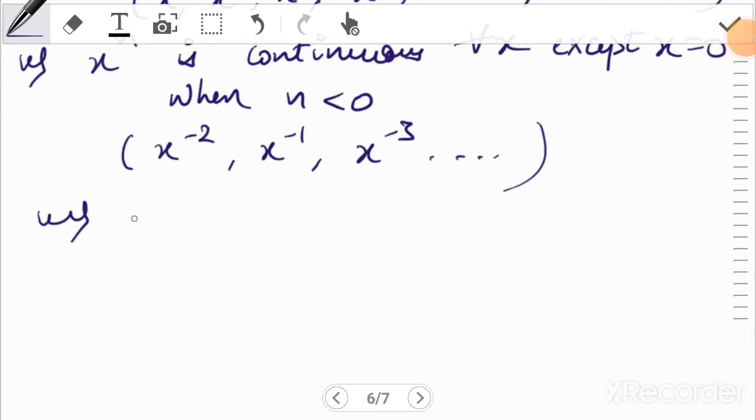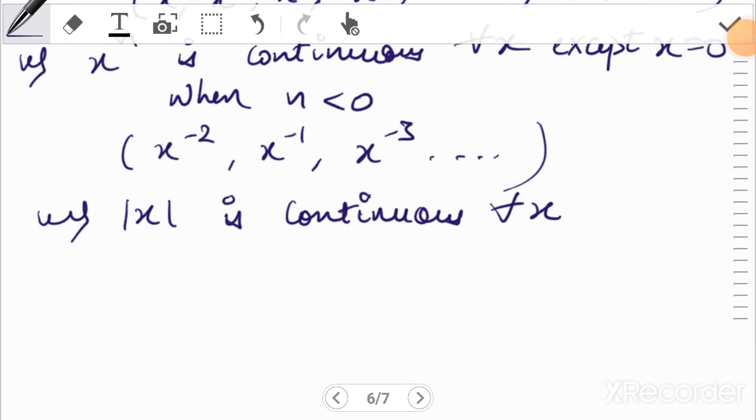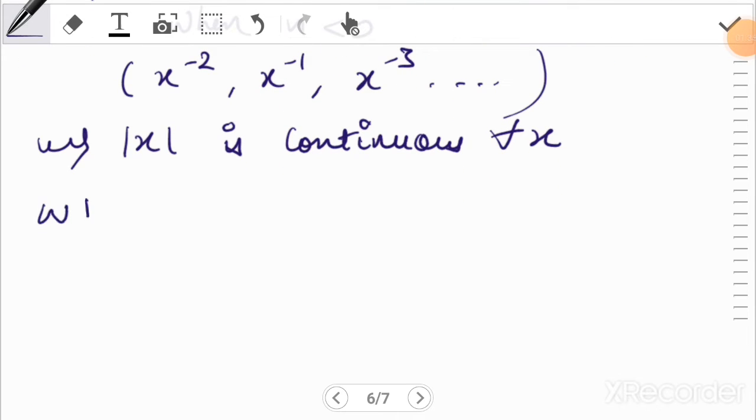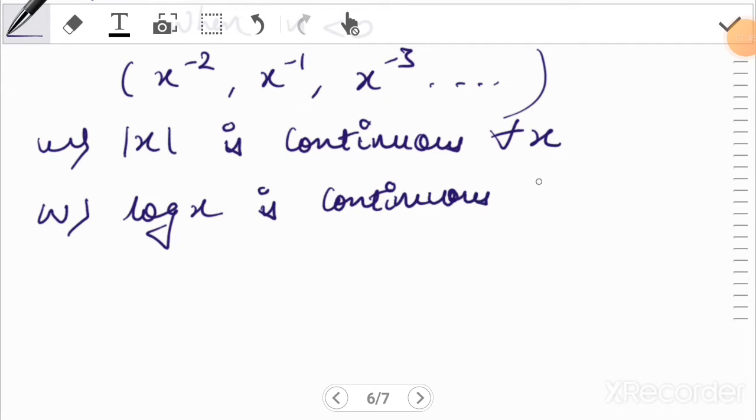Next, modulus x is continuous for all x, and log x is continuous for all x greater than 0.